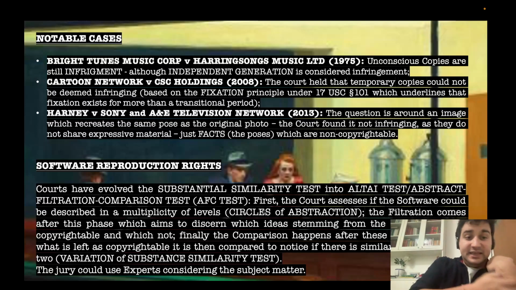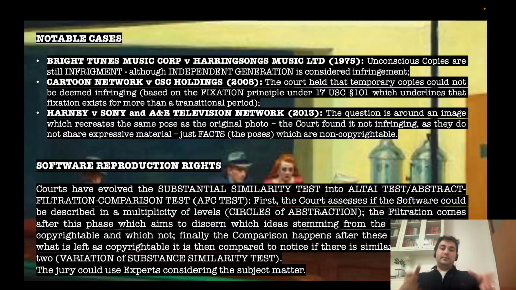Then the final case, Harney versus Sony and AE Television Network, in which it was stated that the infringement must be based on copyrightable material and not on what is not copyrightable.